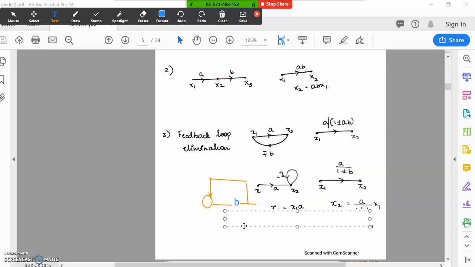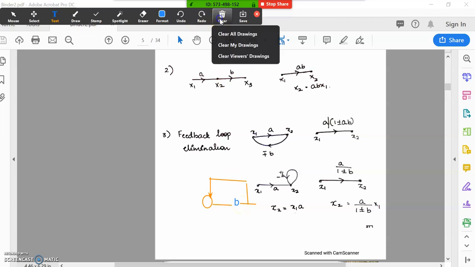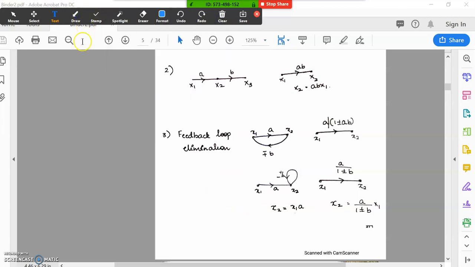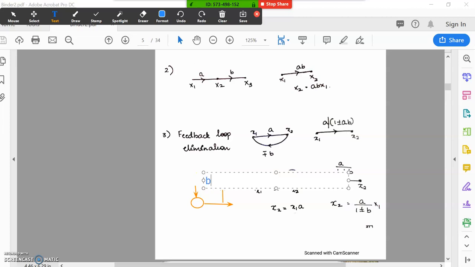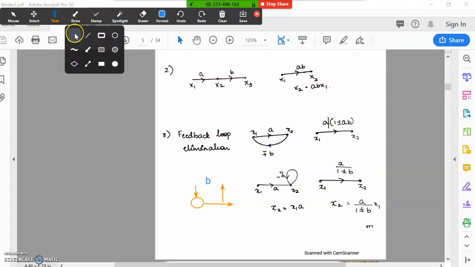This is b, the gain of this value is b. So the gain of this one here is 1.